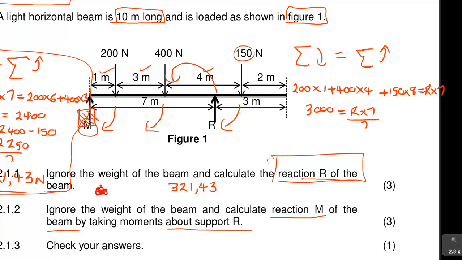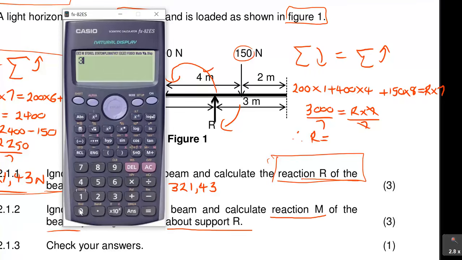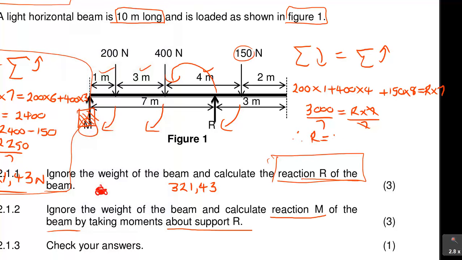Divide by 7 on both sides so that it will give me my R. Therefore, my R is equal to 3000 divided by 7. And if I do that, it's 428,57 newtons.